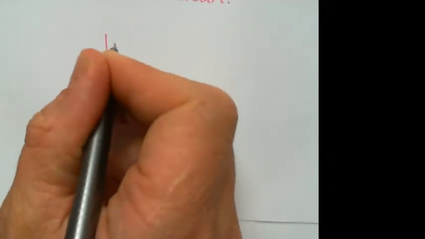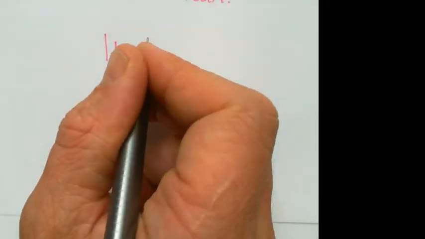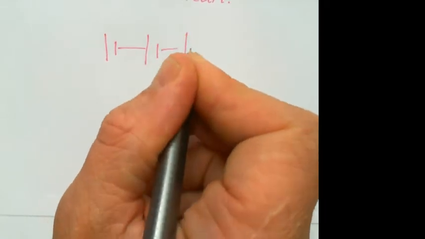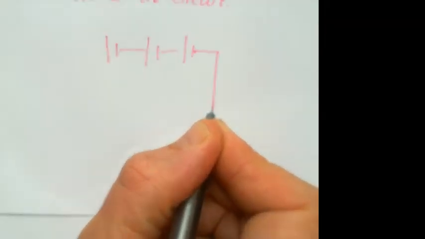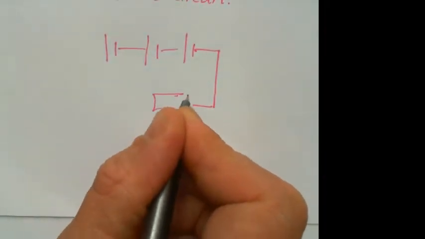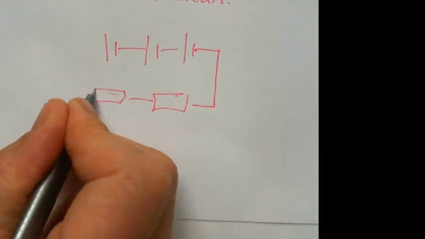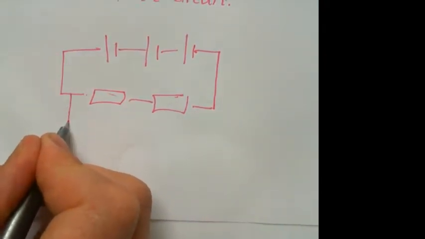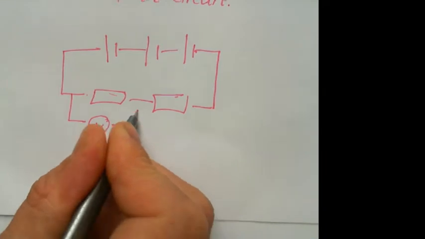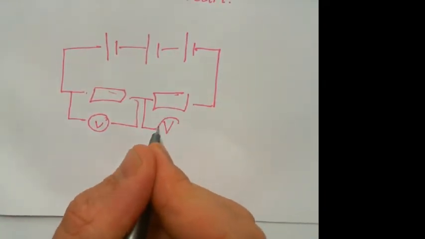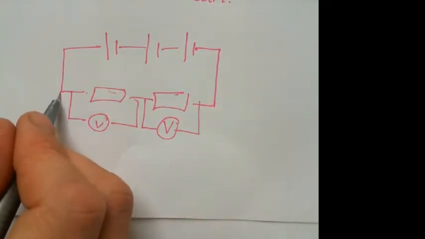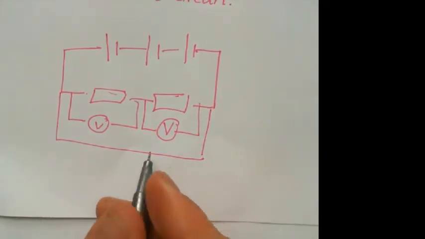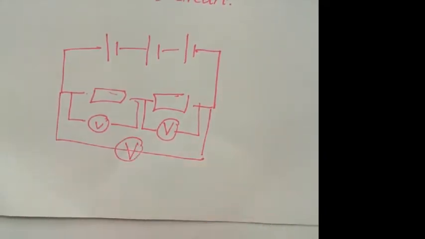What about the energy? Okay, so if we look at this again, we want to have a look at what's happening to my energy. So I've got my 3 cells again, and I've got my 2 resistors, and I want to look at my energy in my series circuit. We did this one when we looked at potential difference.